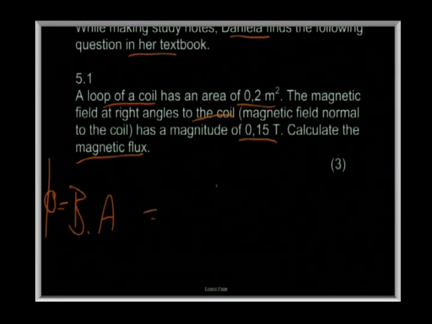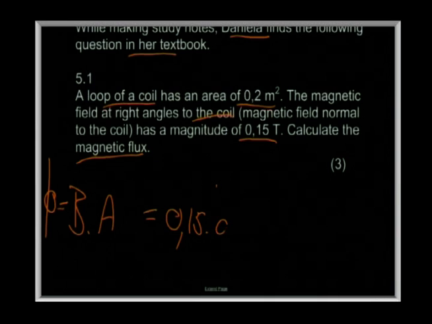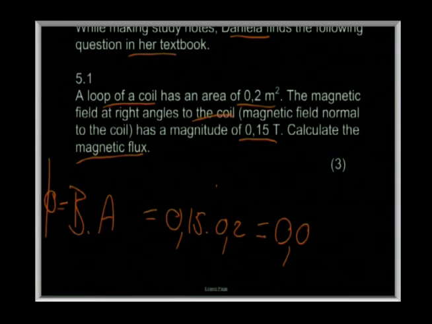So let's just work it out, and what we're going to say is we've got the field is 0,15 Tesla, SI units are correct, the area is in meters squared, so it's 0,2. If we multiply those two together, we're going to get the correct answer of 0,03.